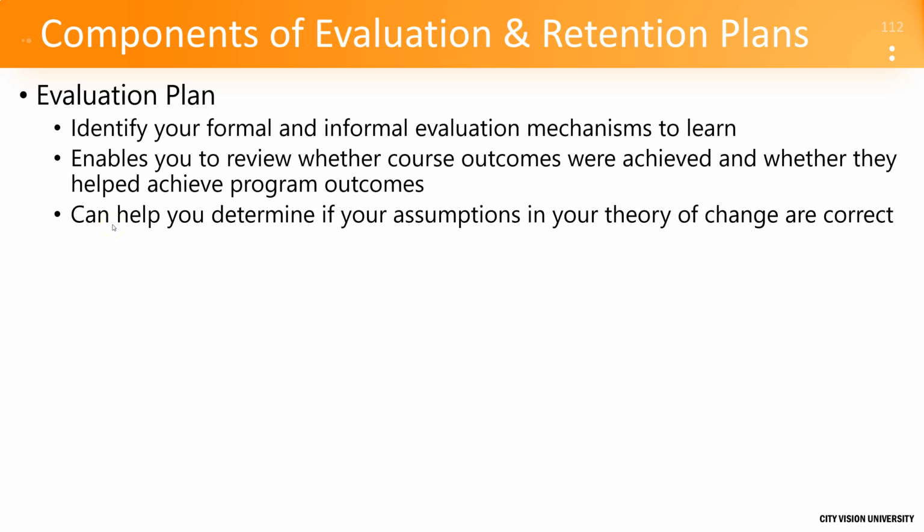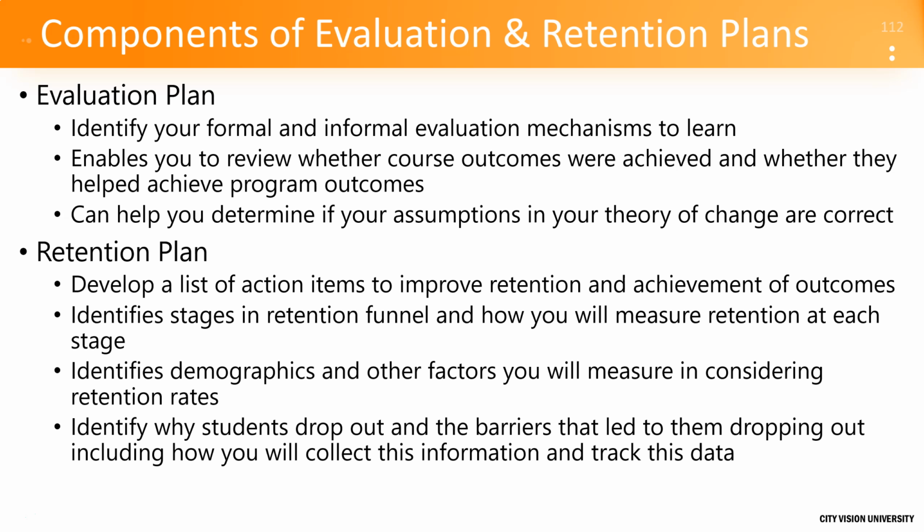It's only a theory if you're able to experiment and see, is it proven, right? So then a retention plan is develop a list of action items to improve retention, identify stages in the retention funnel and how will you measure at each stage, identify demographics, identify why students drop out and the barriers that led them to dropping out.